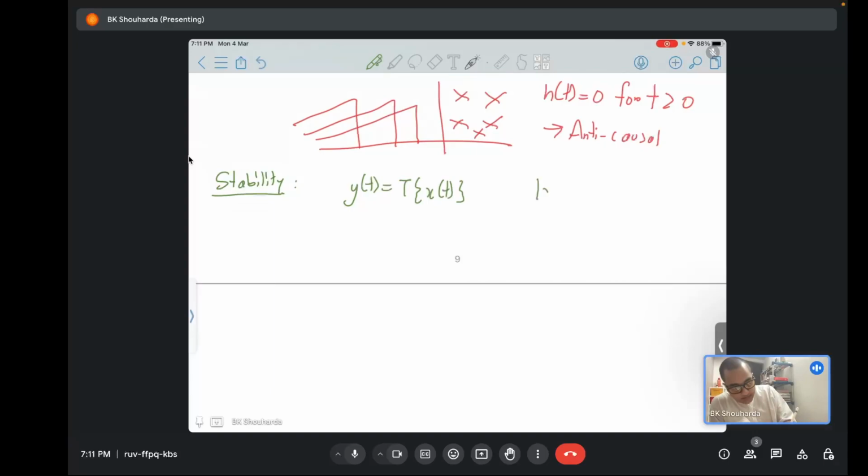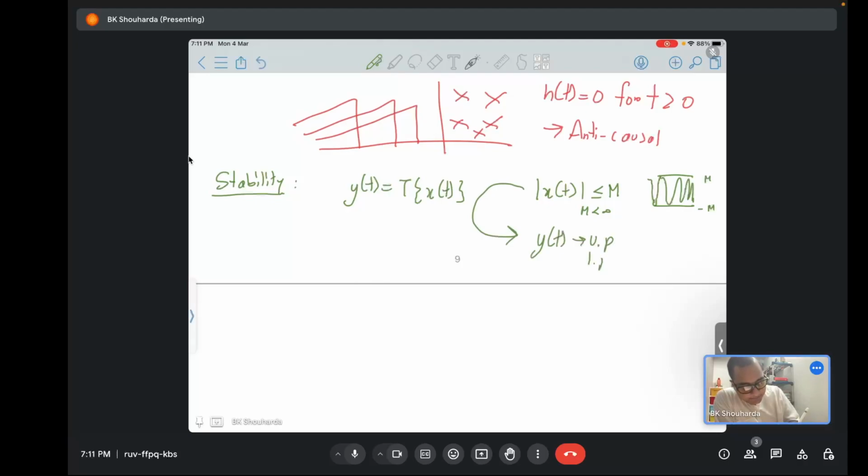You assume that x(t), the signal, can take a maximum value of M or a minimum value of minus M. That means your signal will always be bounded by a finite value M. It is lower bounded by minus M and upper bounded by M. Now try to check the upper bound and lower bound of y(t).